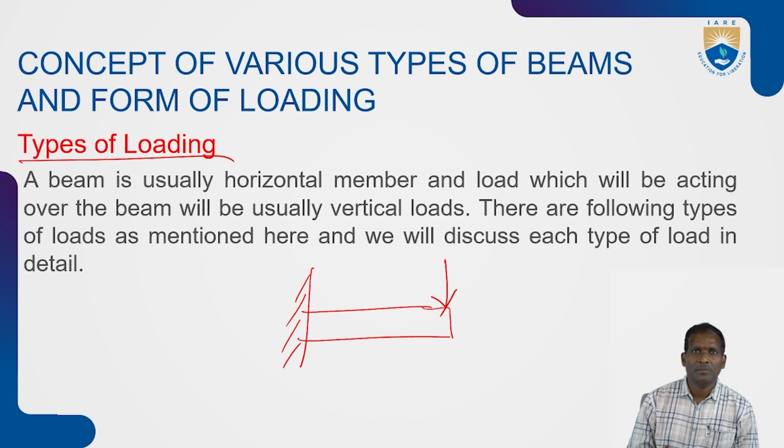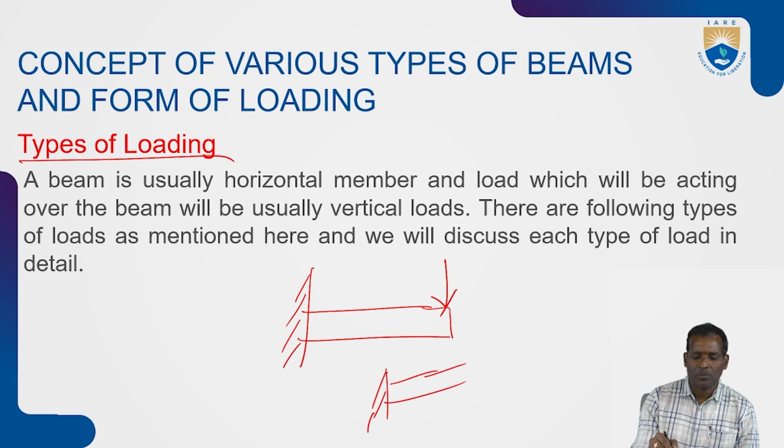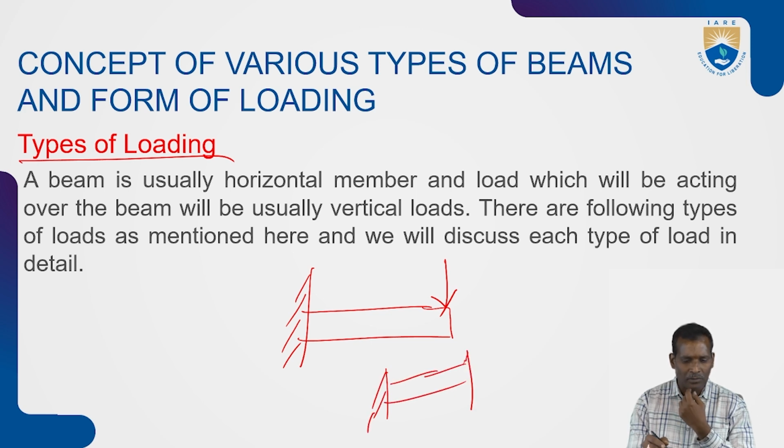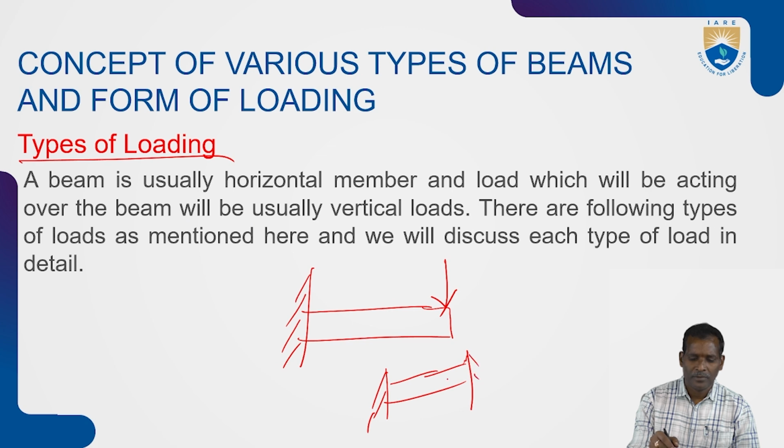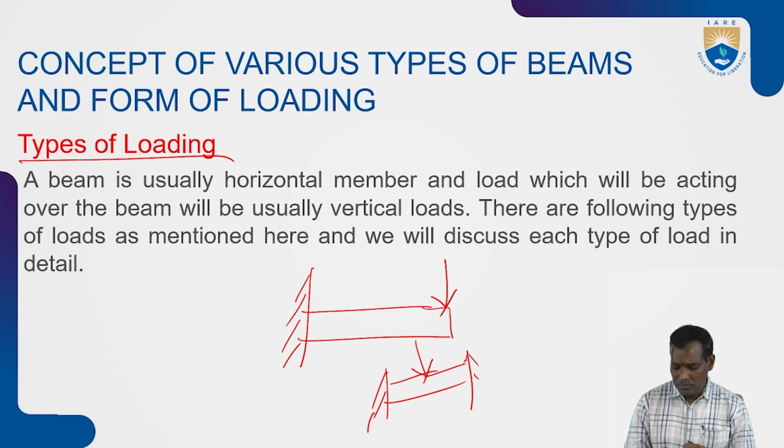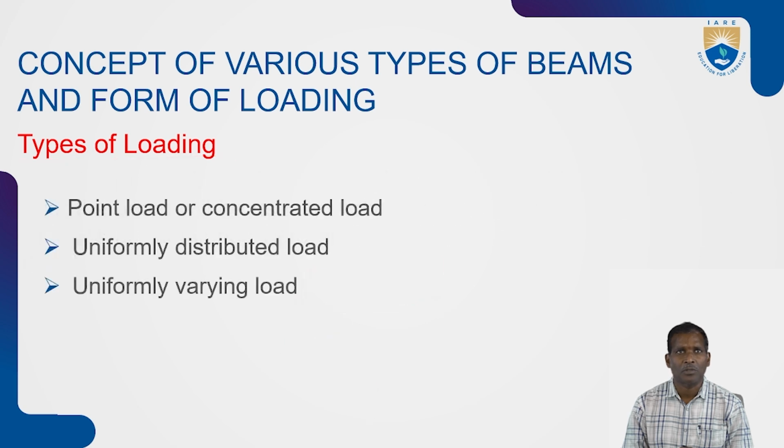So over the beam, the vertical load may react like this. In simply supported beam, types of loading, the load is acting at its center. So usually the loads are vertical loads. Different types of loads, we will see the types of loading.